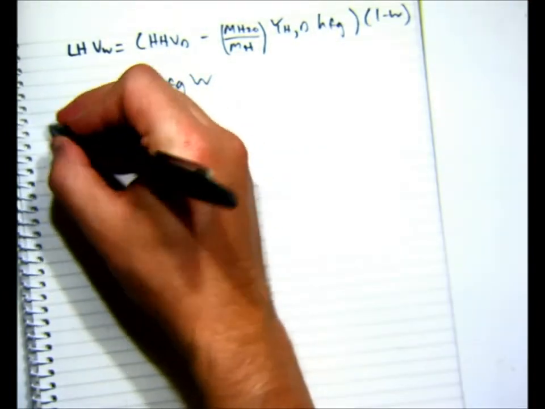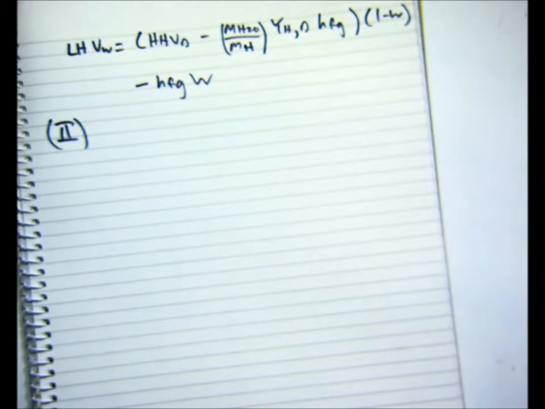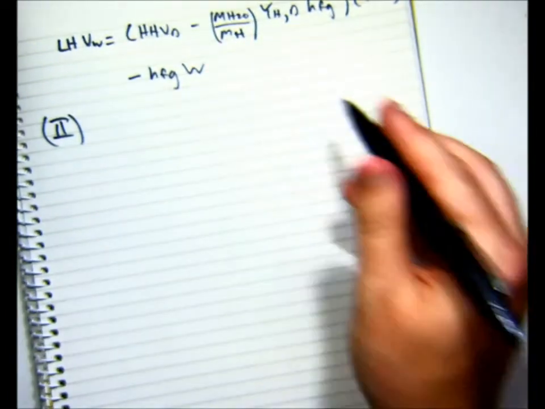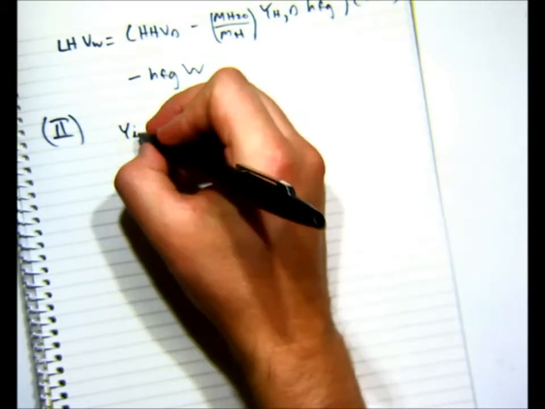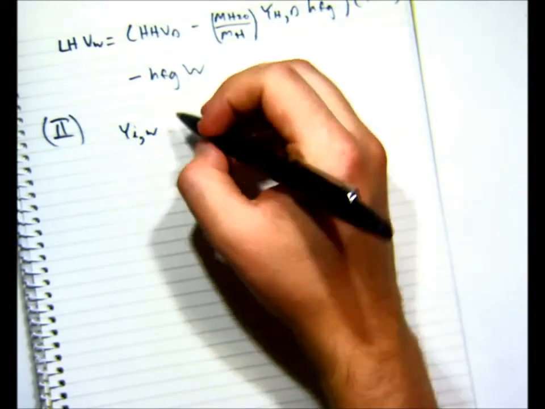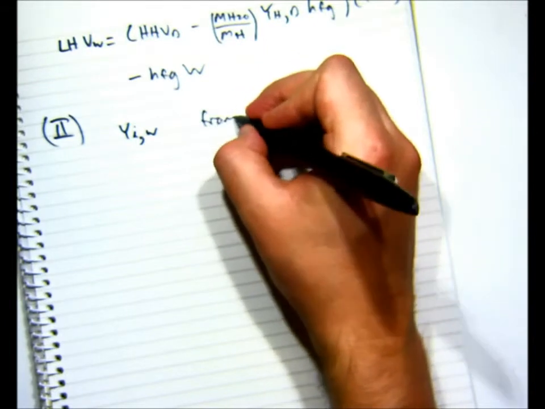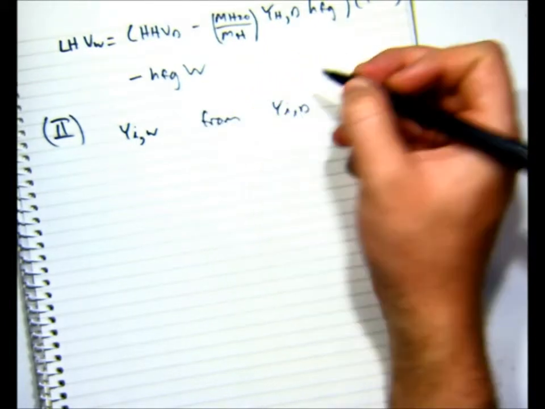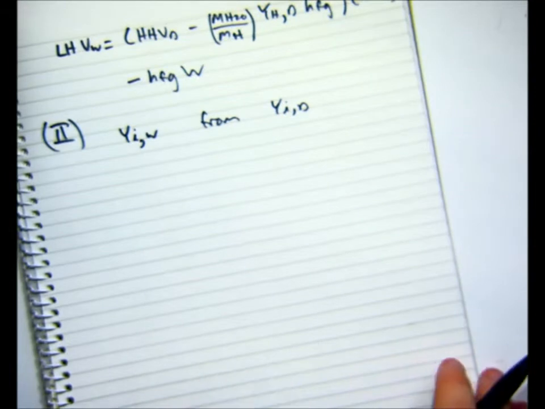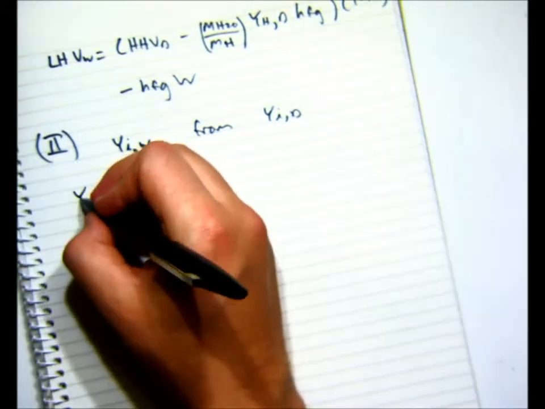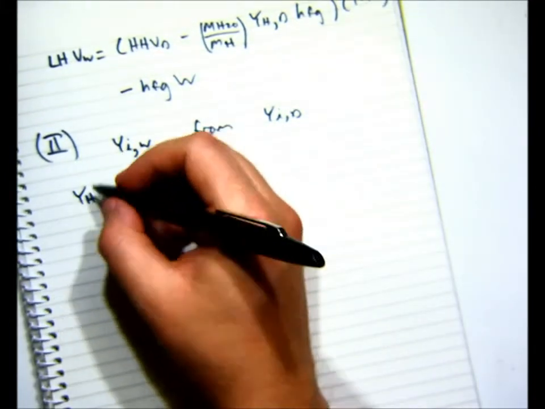So part 2, we can also approach with dimensional reasoning. We want to get these Yi, these mass fractions on a wet basis, from mass fraction on a dry basis.